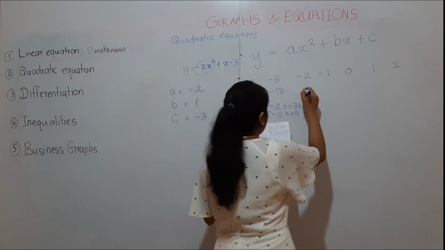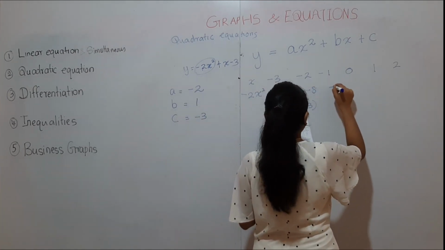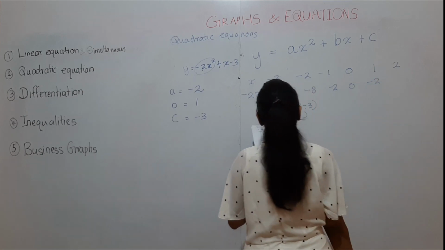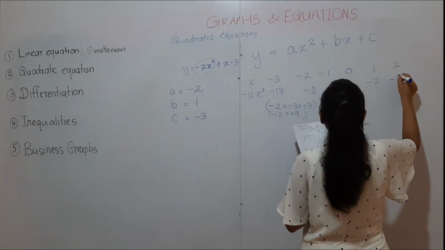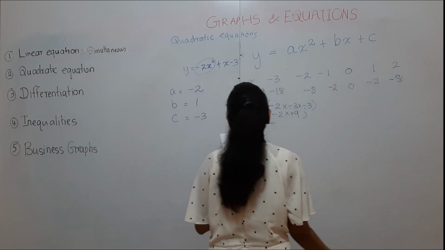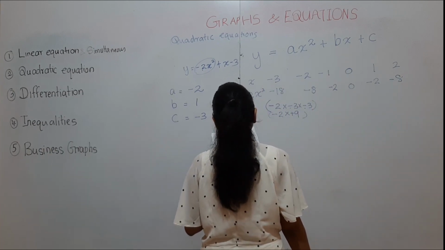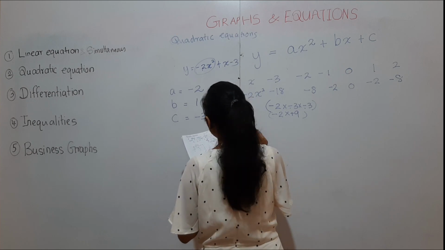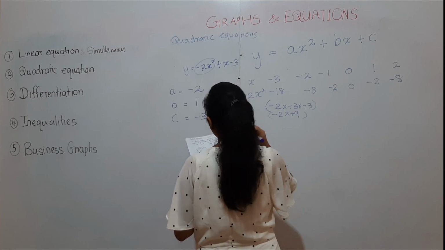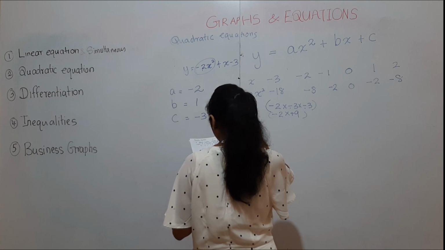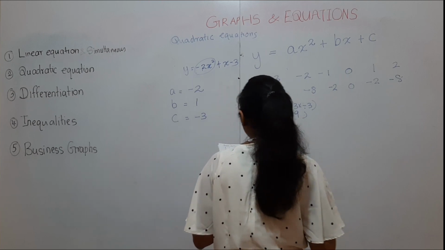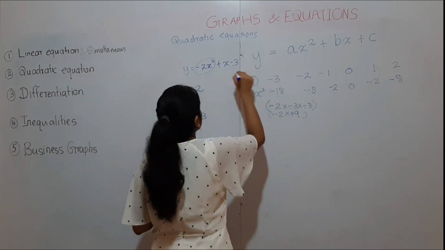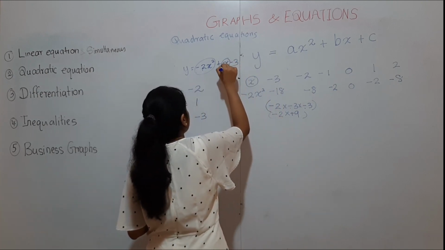Okay. Same way, if you do, you will get the rest. Then you have your x values straight away. x value can be used for bx now because there is only 1 next to x.